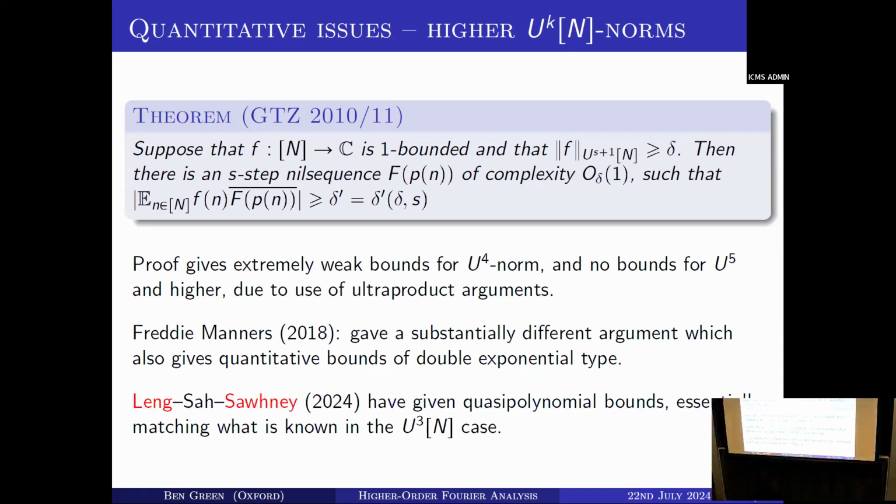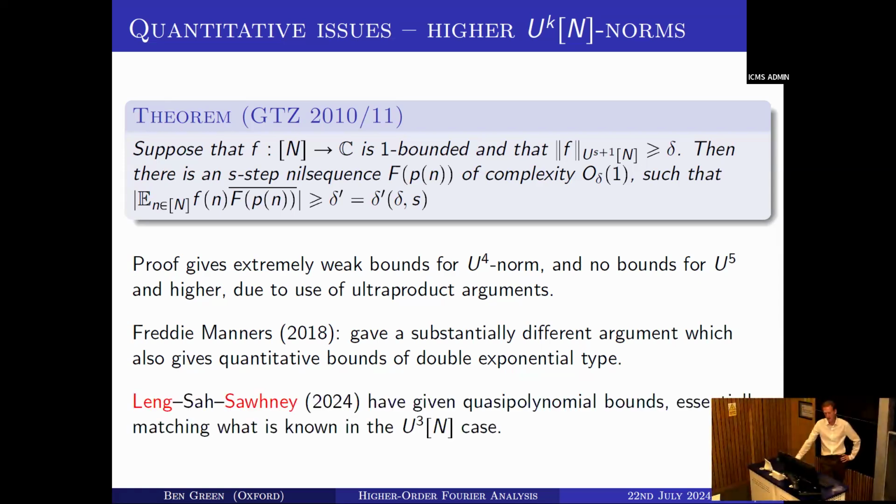And then, as we'll be hearing this afternoon, the spectacular work of Leng and Sah from this year has given quasi-polynomial bounds for all of these norms. And so we now have bounds that pretty much match what we know in the U3 case. So we'll be hearing about that in 2 talks this afternoon.